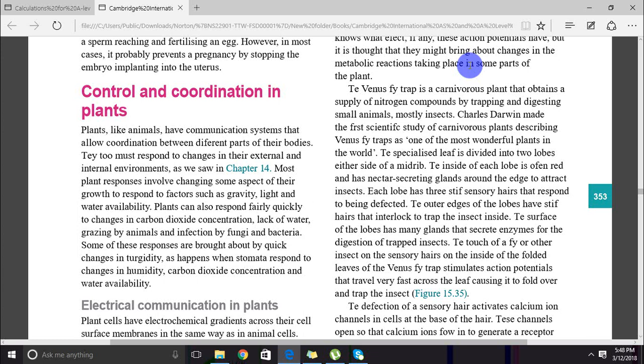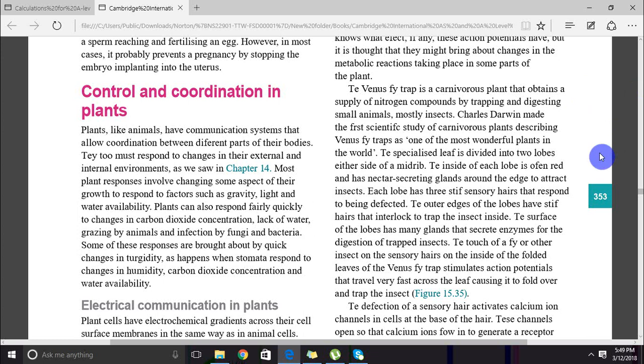Because cell walls come in the way, so direct transmission doesn't really seem to be a possibility, right? But at the points of plasmodesmata, we don't have cell walls. So transmission is a possibility.